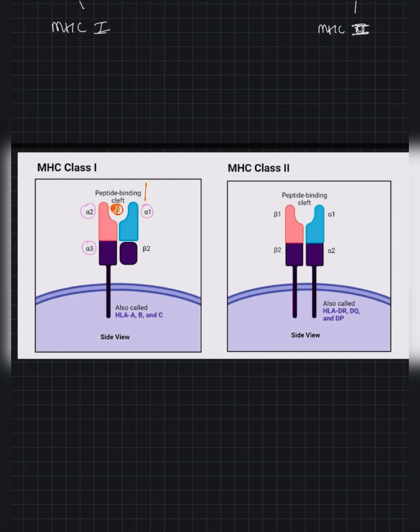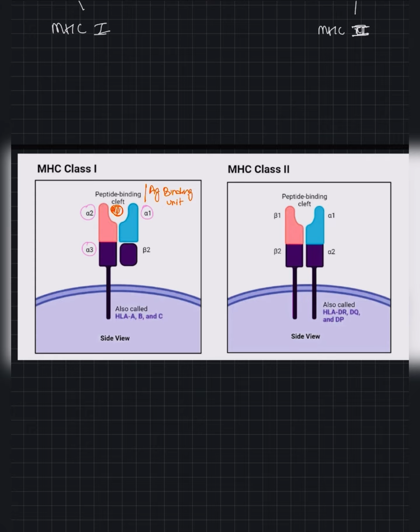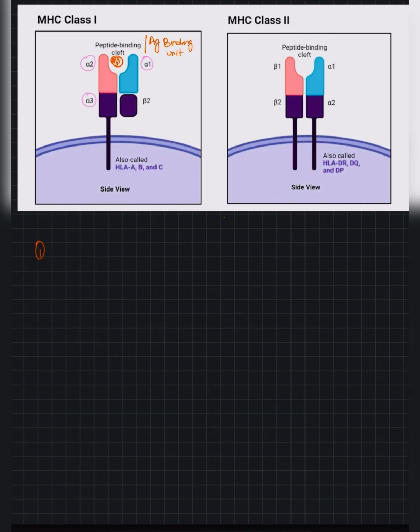The first point that we need to remember, in the case of MHC class 1 molecule, as we differentiate both the classes, is that the antigen binding unit is present within one unit, meaning only between alpha molecules.